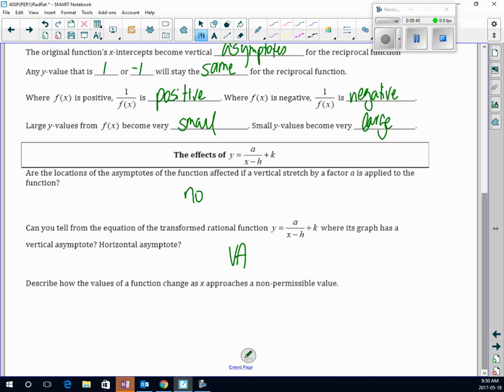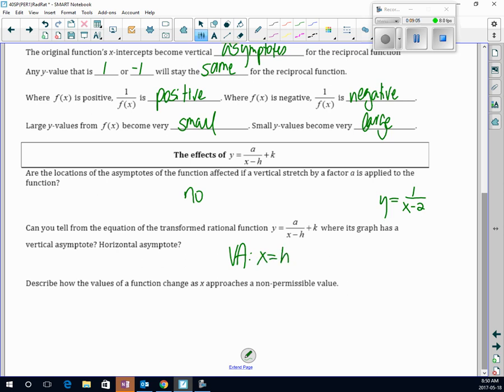It's not any different than our first unit, right? So whatever that number is, for instance, if it was y equals 1 over x minus 2, where did that vertical asymptote go? What's my new vertical asymptote? X equals 2. So my vertical asymptote is x equals whatever my h is.